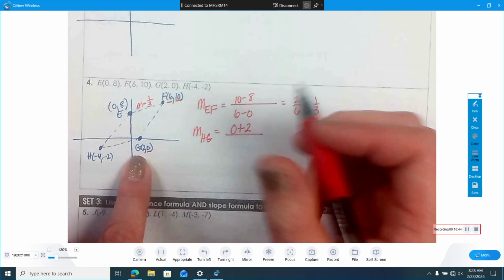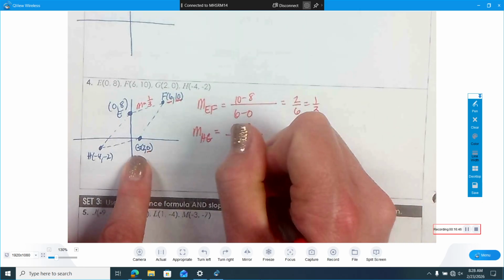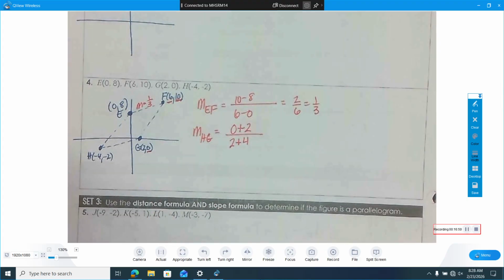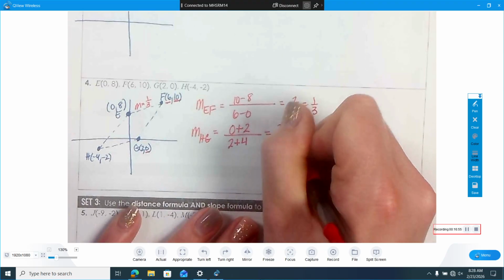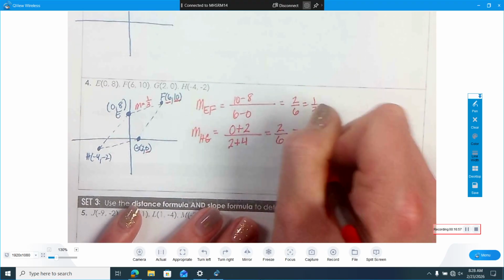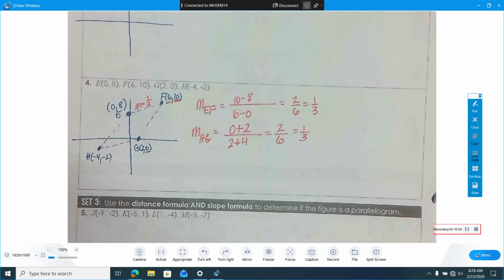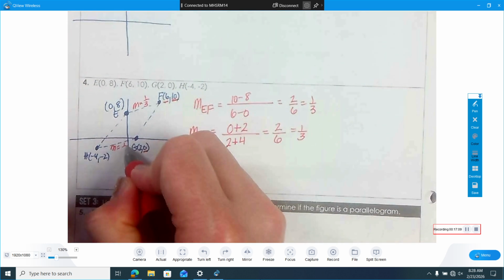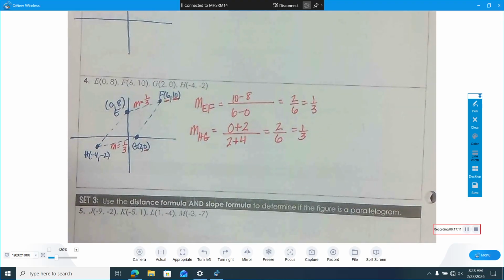And what's on the bottom? 2 minus a -4, which I'm just changing to plus right off. All right, so 0 plus 2 is 2, 2 plus 4 is 6, and again, 1/3. You would need to reduce fractions, of course, in Delta Math, I believe. All right, so this one also had a slope equal to 1/3. Again, that's pretty nice math there, I think.